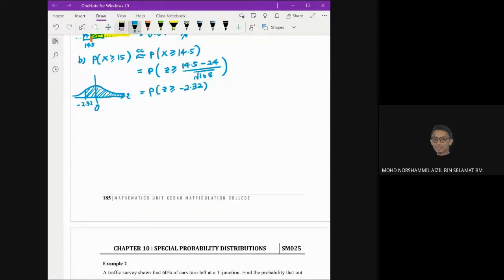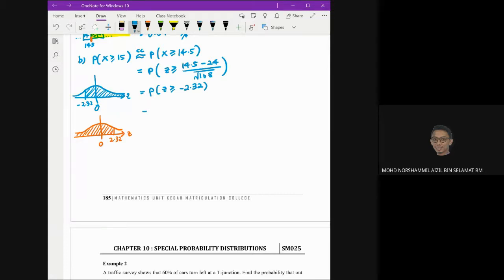Alright. But for this one, we cannot read the table. So what will we do? We will reflect it. Reflect to the right hand side, negative 2.32 becomes 2.32. And then this will be the region. Right? Okay.